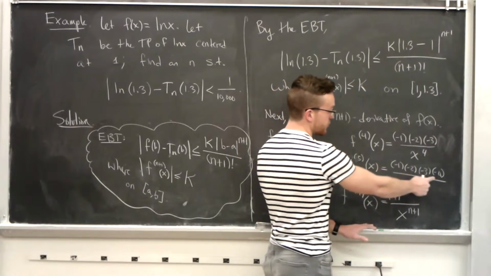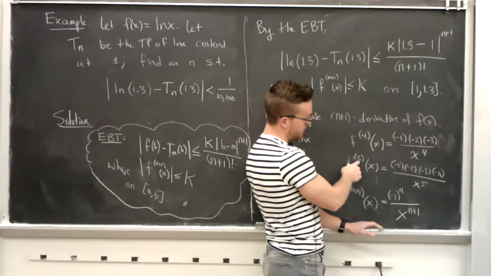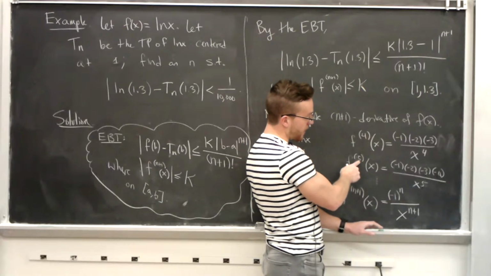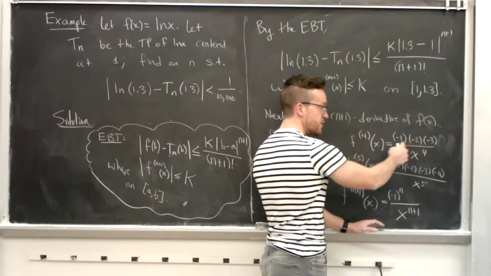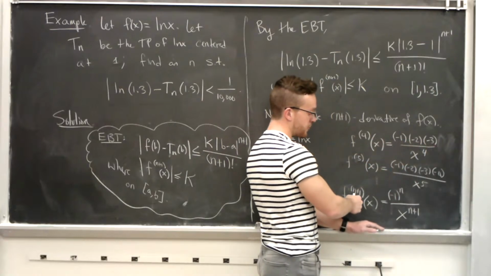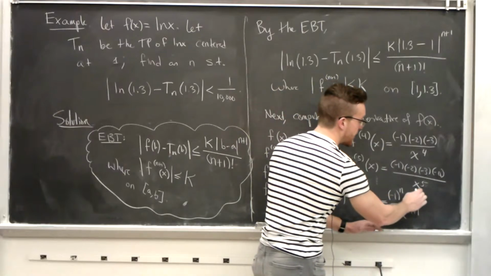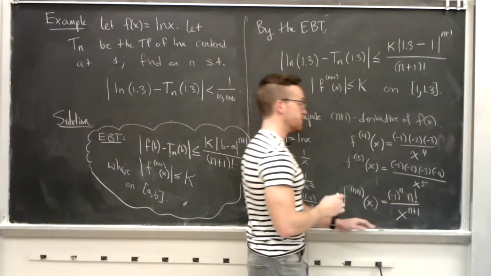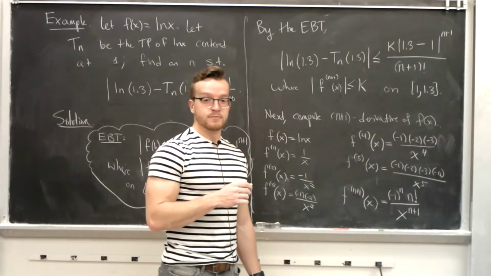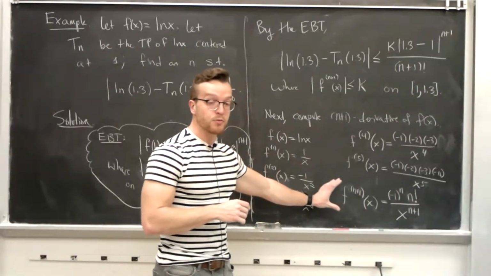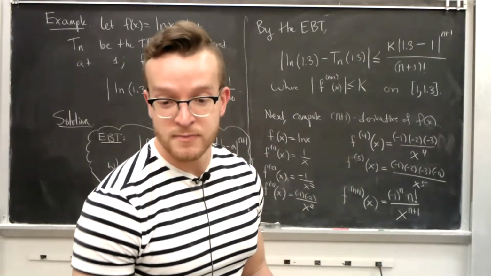And that would leave me with here a 4 times 3 times 2 times 1. 5 gives me a 4 factorial. 4 gives me a 3 factorial. So n plus 1 would give me an n factorial. Whew. That would be the n plus first derivative.